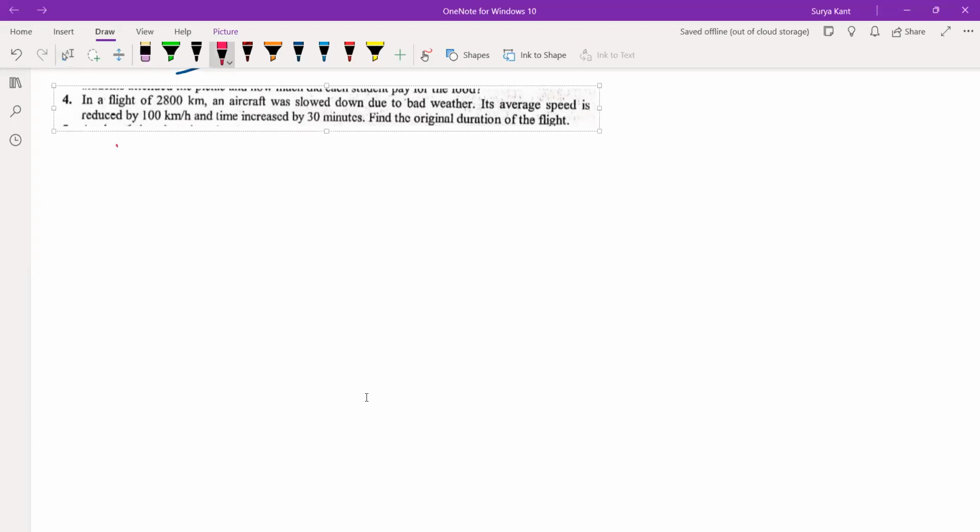Distance is given as 2,800 kilometers. Due to bad weather, average speed is reduced. So the original speed, I'm writing here, let it be x kilometer per hour.